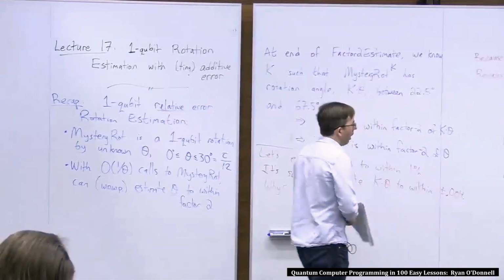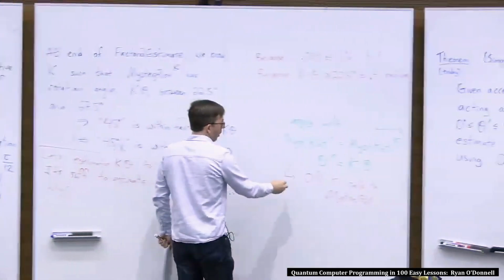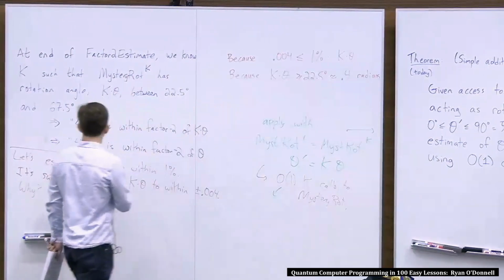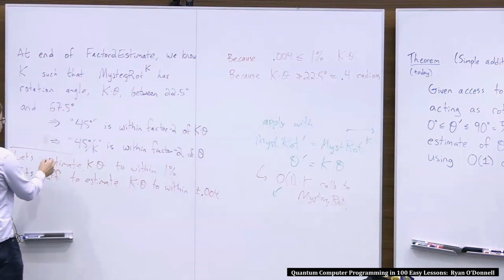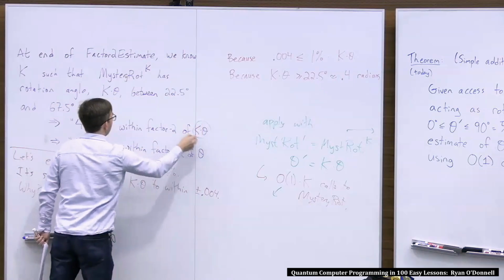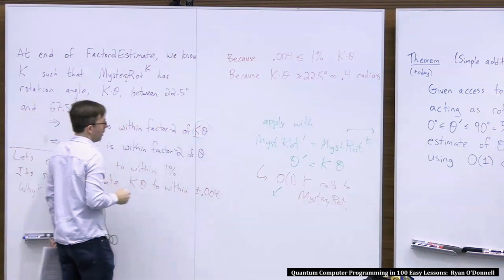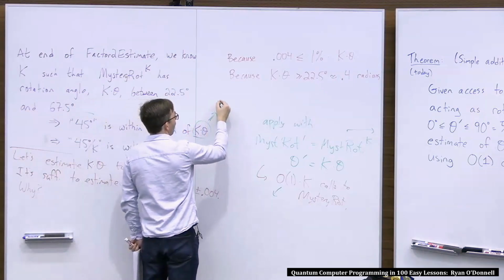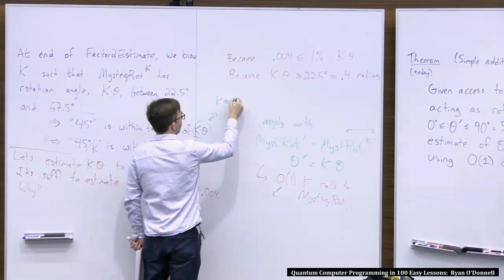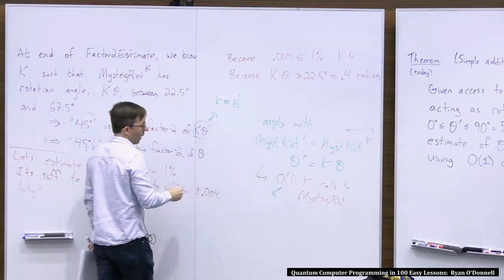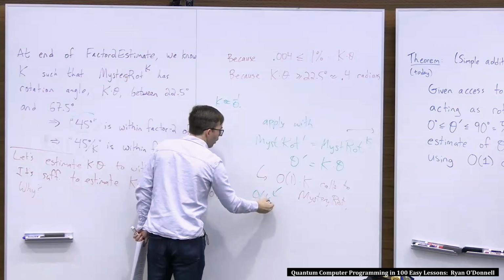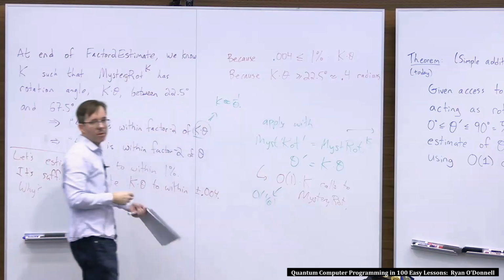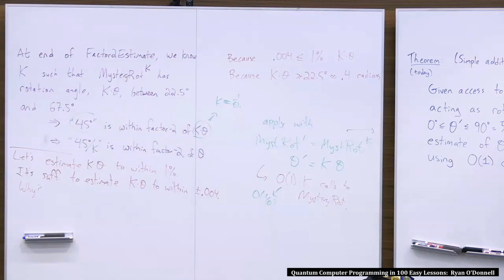Okay. And this is order k, because k theta is approximately 45 degrees, this is literally a constant, that means that k is proportional to 1 over theta. Okay, so finally, this is order 1 over theta calls to the mystery rotation algorithm.